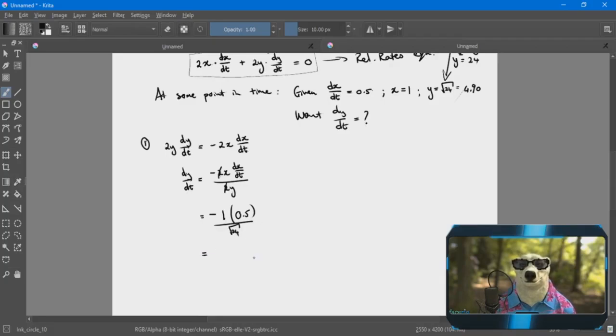Actually, let's do the answer now. Check on your calculator what that answer is. Remember to not use the rounded value for y, but the original.